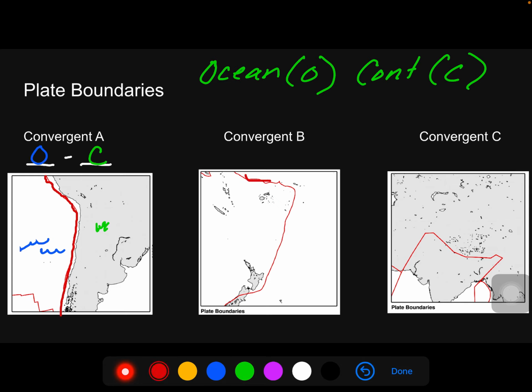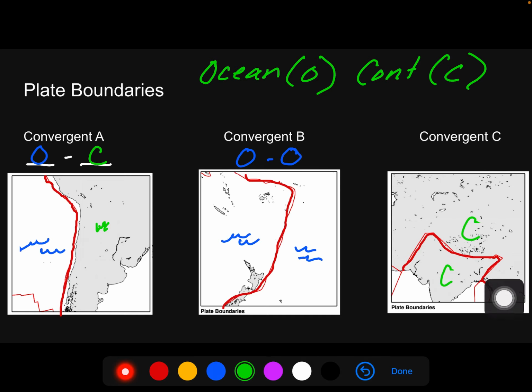The second boundary here looks a little bit different. We see that the boundary is running in between two oceanic plates. So this one is known as ocean-ocean. And then finally, C spread out along here. This one is between continent and continent.